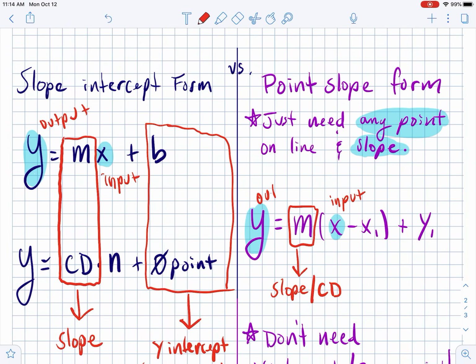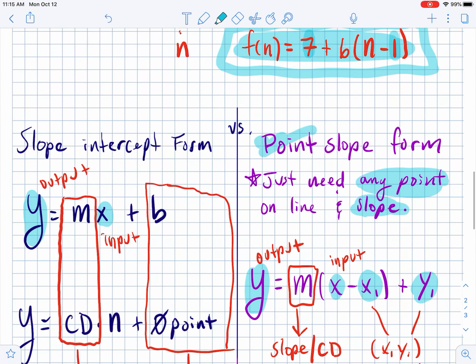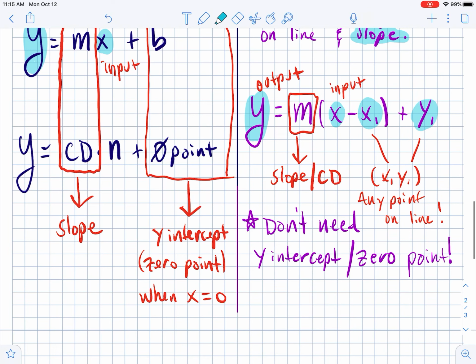Same thing over here: x is the input and y is the output. Now, this x1, y1 can be any point on the line. The advantage of point-slope form is that you don't need the y-intercept or the 0 point.